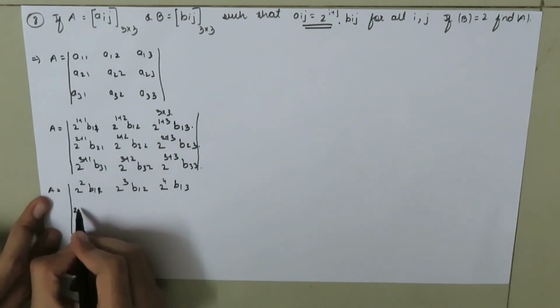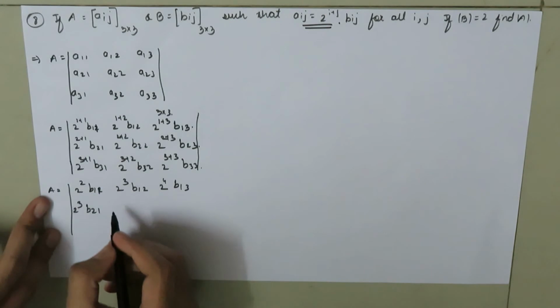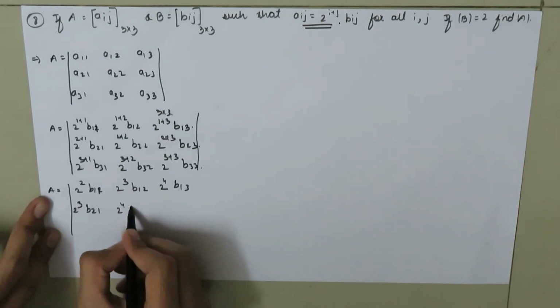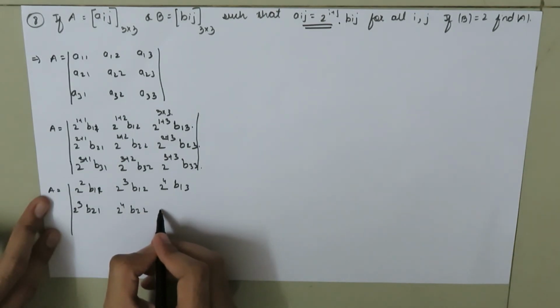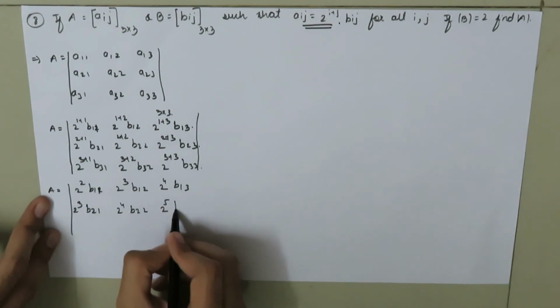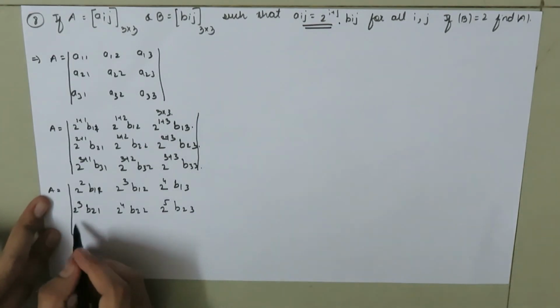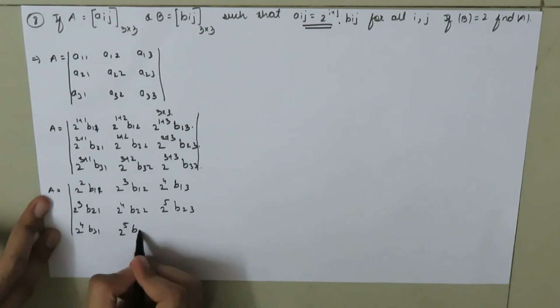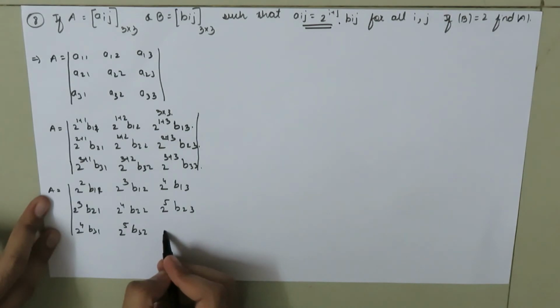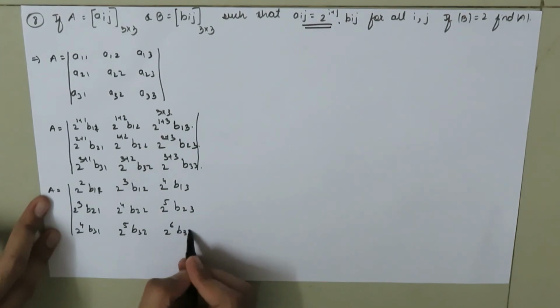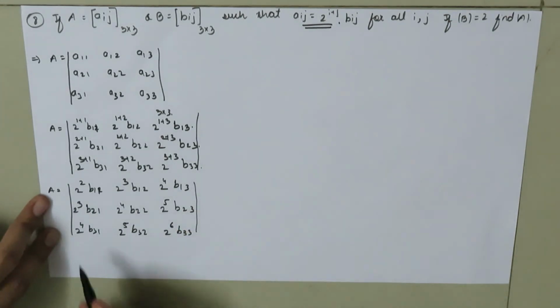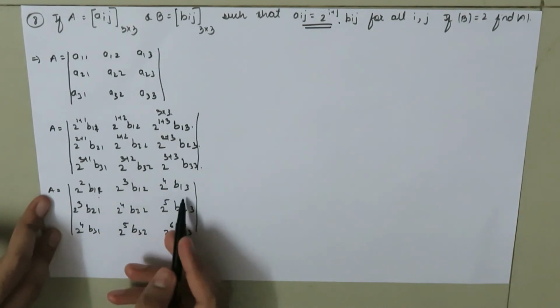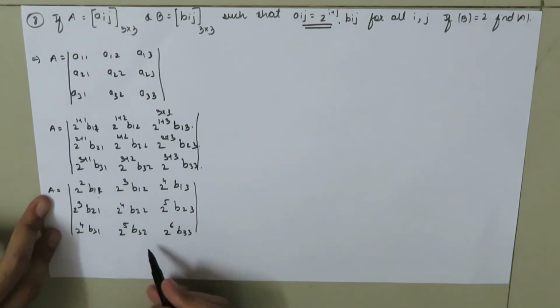And here we'll get 2 to the power 3 B21, 2 to the power 4 B22, and here we have 2 to the power 5 B23. Here we have 2 to the power 4 B31, here 2 to the power 5 B32, and here we'll get 2 to the power 6 B33. Okay, everything is correct.